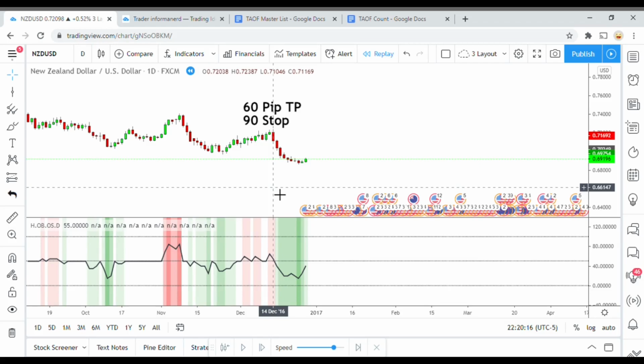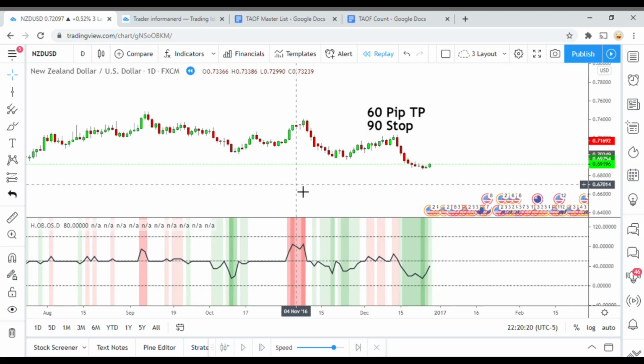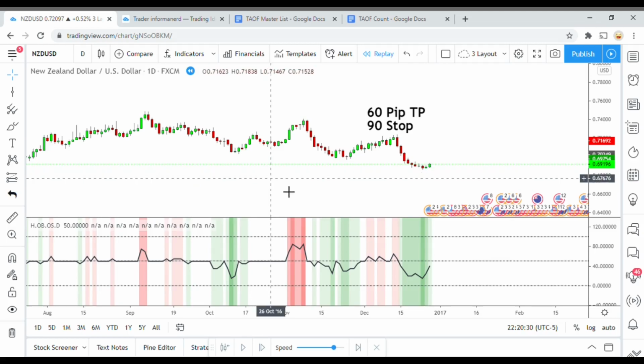And so this particular strategy is going to be a reversal type strategy, is basically what we are looking for here.